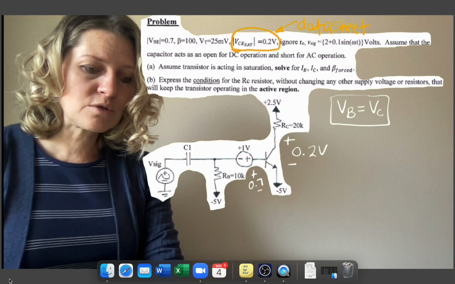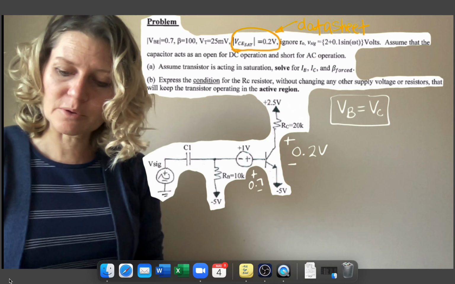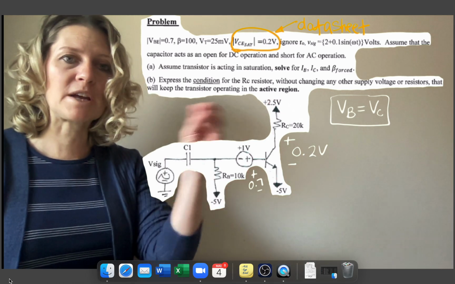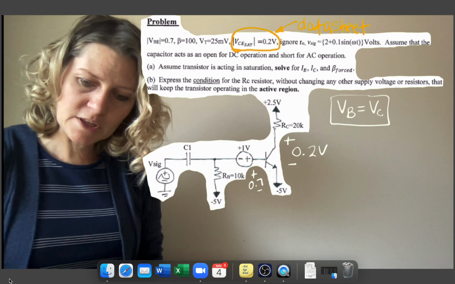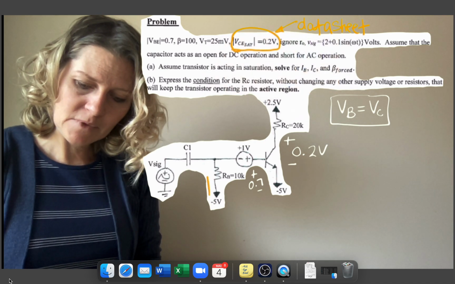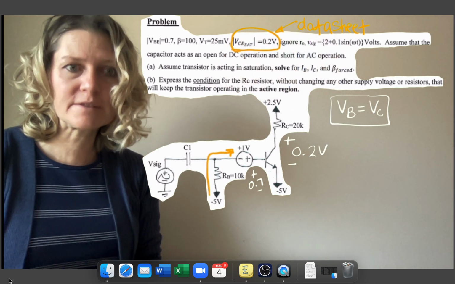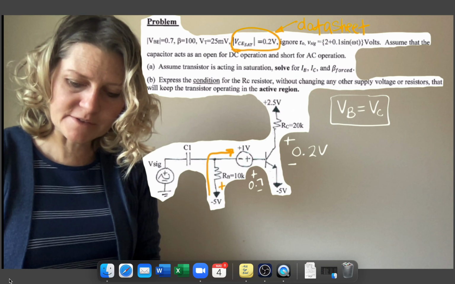So we're going to take a loop still through the same method, a loop from base to emitter. You're going to go around in this loop. Here you'll have a plus to minus.